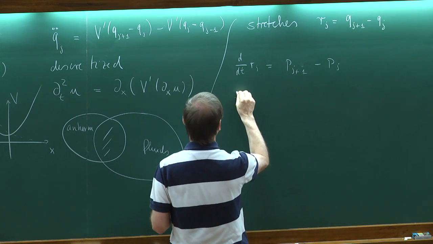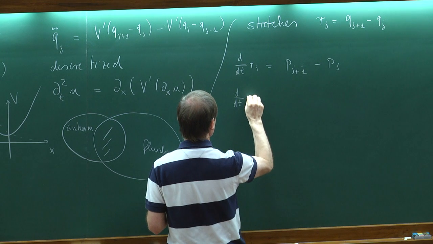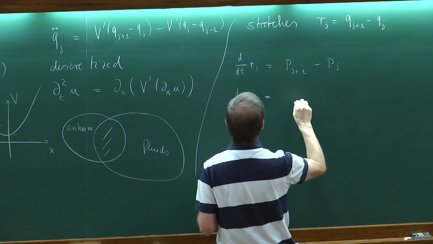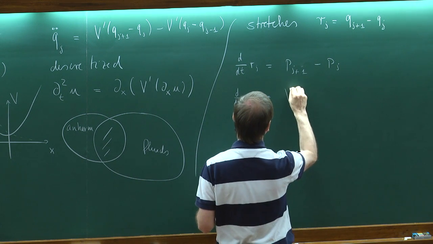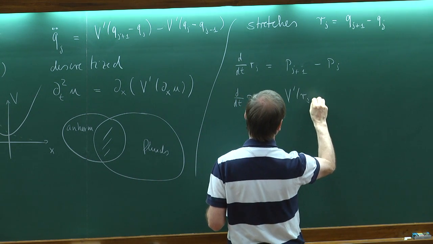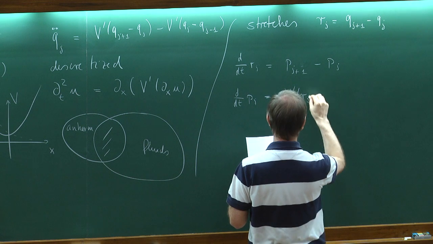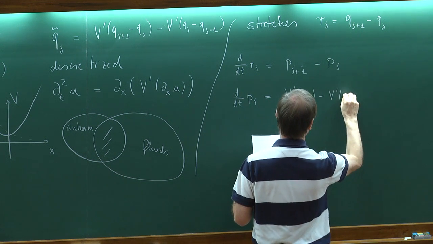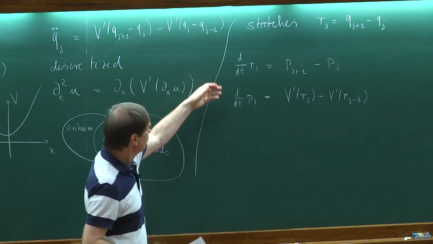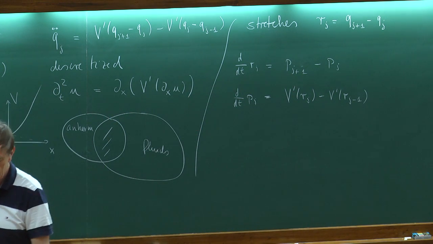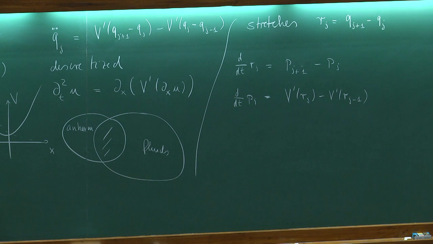Okay, then you can look at the rate of change of the momentum. Well, this we have written up here already, but now I can introduce this variable, so I get Rj minus 1. And so you see that I've written this already in conservation form.